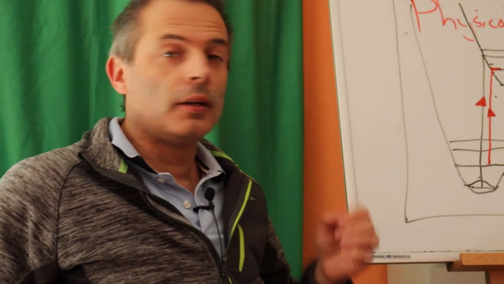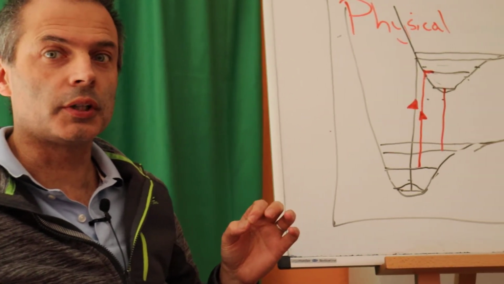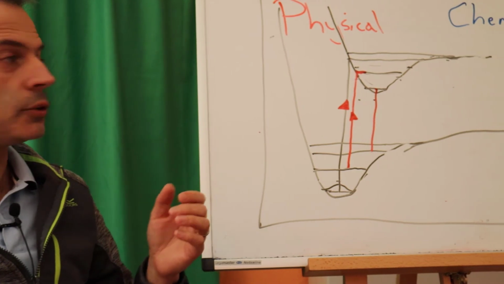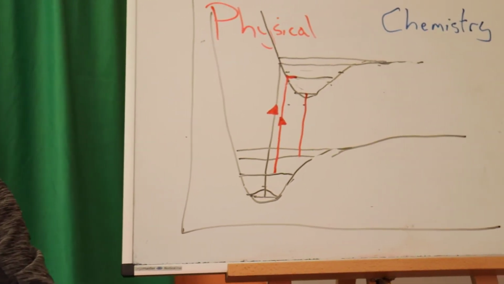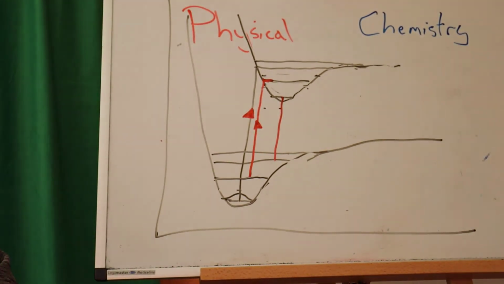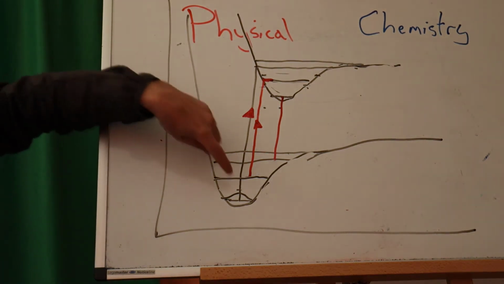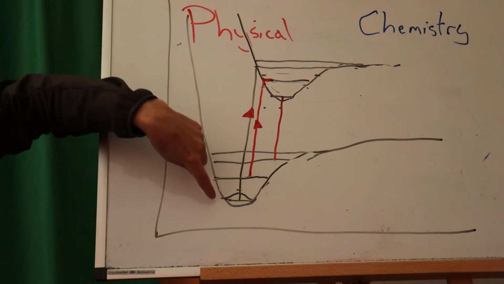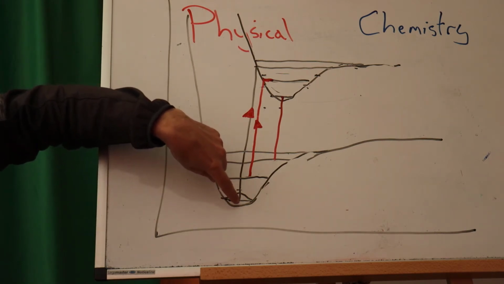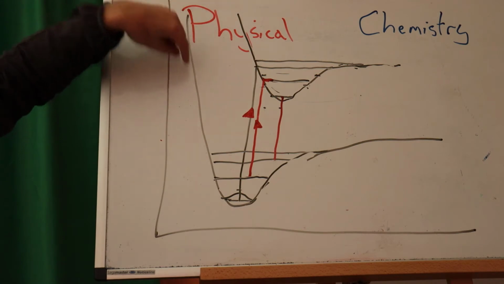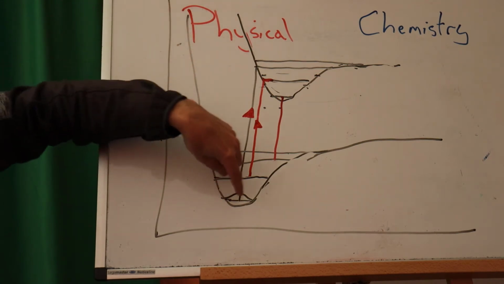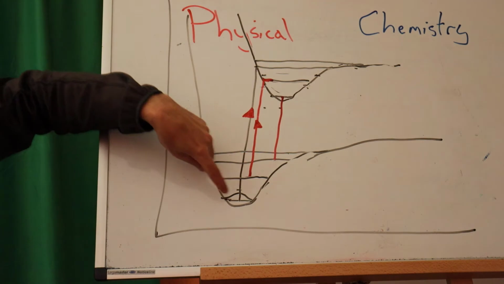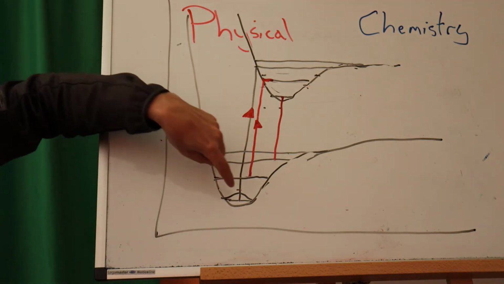So I've redrawn my drawing, and we'll have another look at it over here. It's got lots of lines on it, so we'll try to go through this a little bit slower, to make sure that everything gets understood as much as possible, at least by me. So this black line will be the first excitation from the ground state, the zero state of the electronic state, and this is the zero state of the vibrational states.